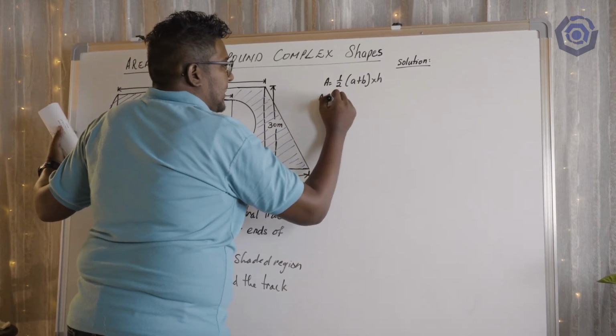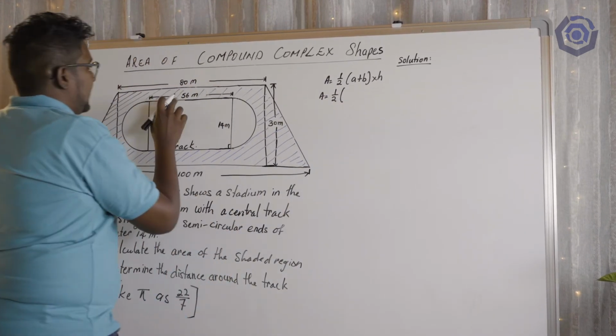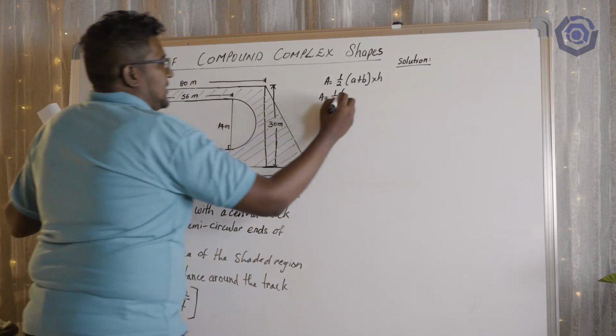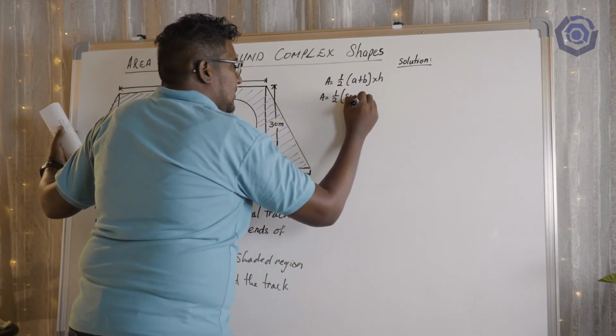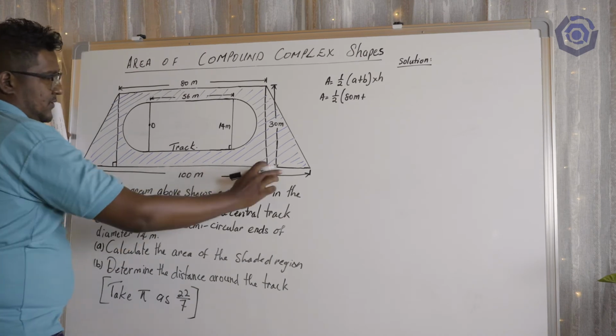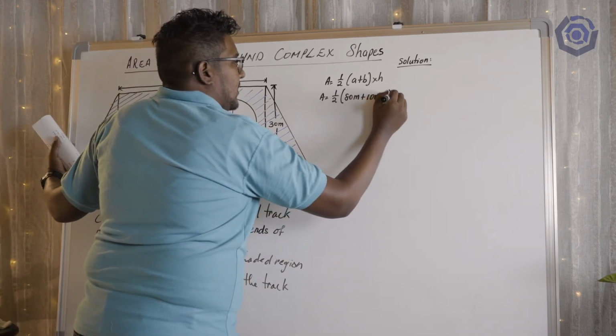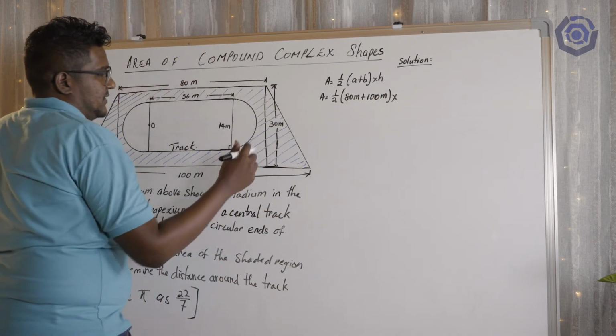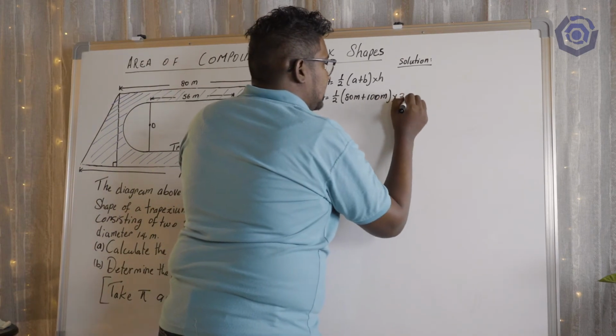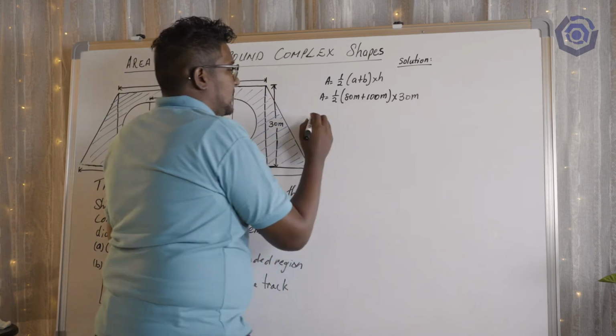A equals a half of A, which is 80 meters, plus B, which is 100 meters, multiplied by my height, which is 30 meters. So let's work this out.